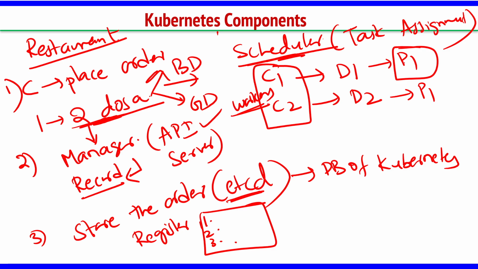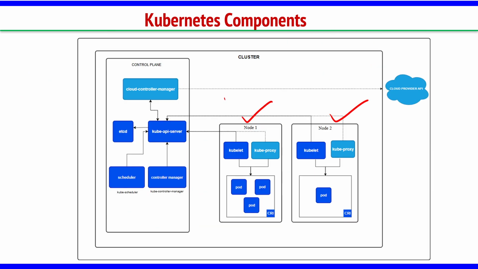The pods are running inside a node. Let's say only node 1 is assigned. The scheduler has assigned only node 1 for both the dosas, and two pods, P1 and P2. Inside the pod, containers are running. That is taken care of by the worker, that is the chef.